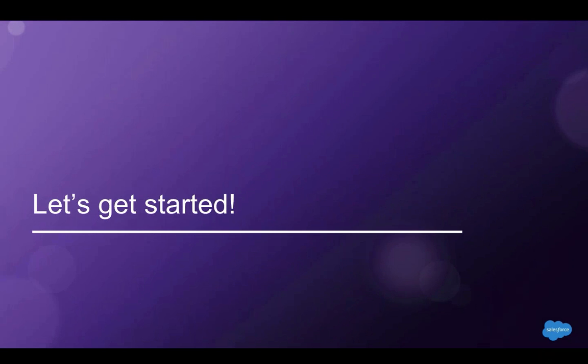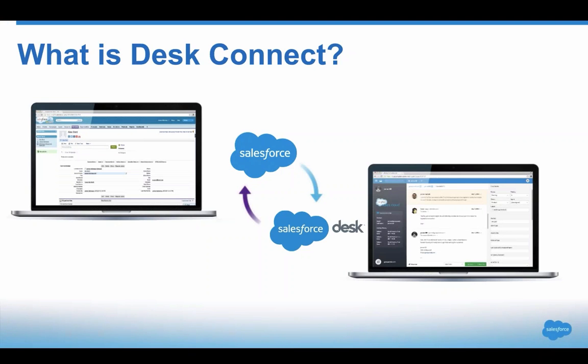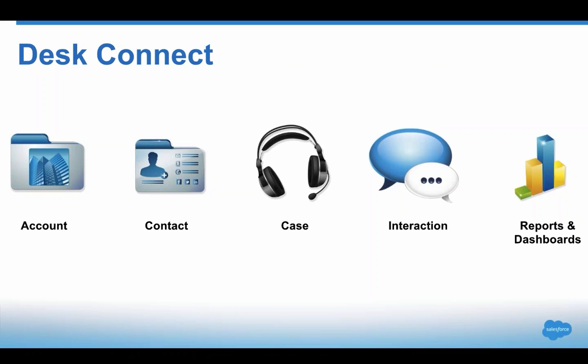So let's first begin by talking about what is Desk Connect and why is it so great for the Desk Connect Salesforce integration. Well, Desk Connect is the full bidirectional sync between Desk and Salesforce. Now, by default, out of the box, Desk Connect is going to sync with the three main CRM objects between Desk and Salesforce.